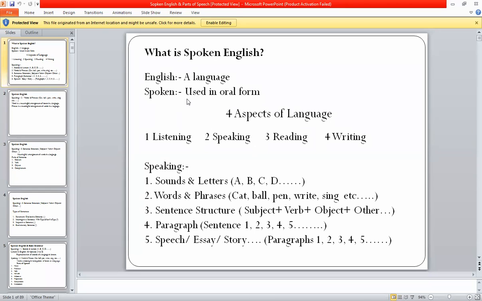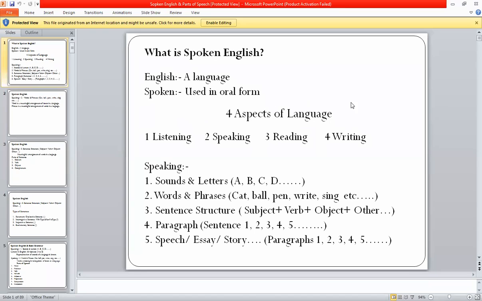And spoken means what? Used in oral form. Whatever language skills we use in oral form are called spoken English. Okay, so this is about spoken English.